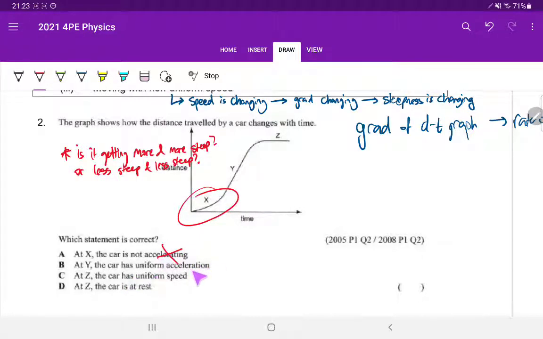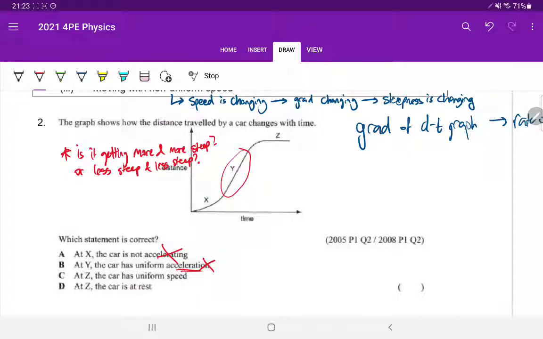At Y the car has uniform acceleration. Uniform acceleration means that it is getting faster and faster at a constant rate. But at Y, is it getting faster and faster? No, right? It is constant speed, because it is constant steepness, so constant gradient, so constant speed. So this is also wrong.